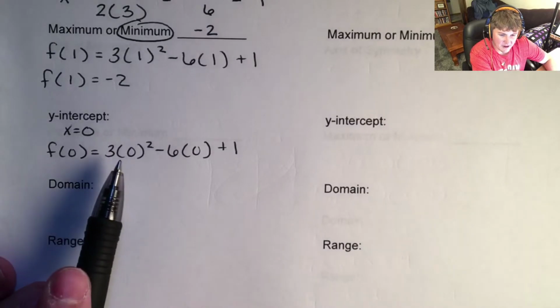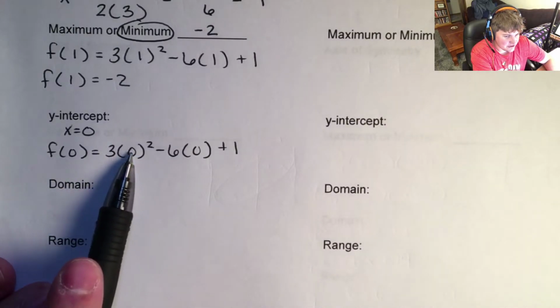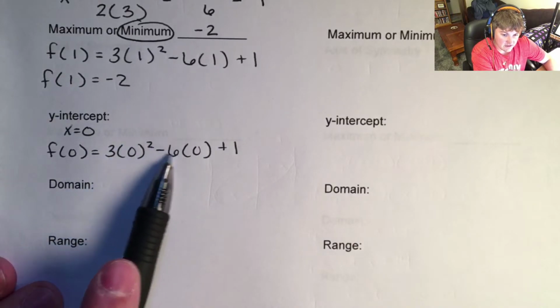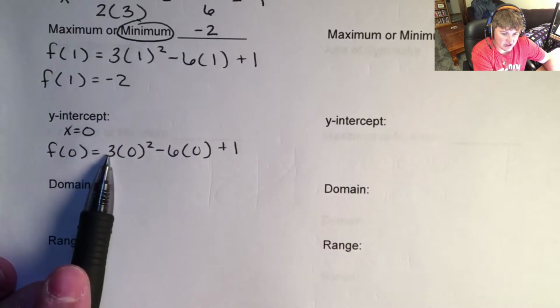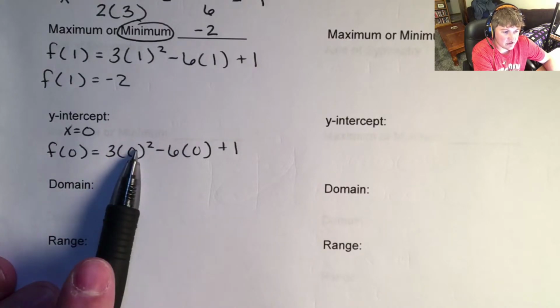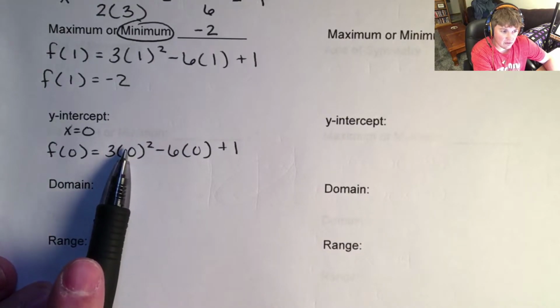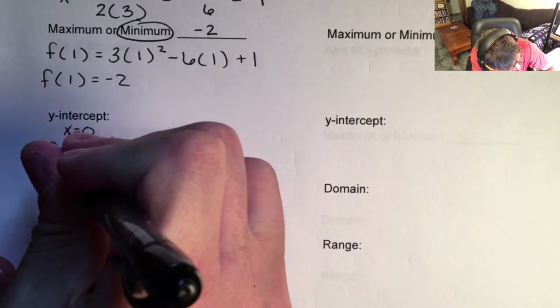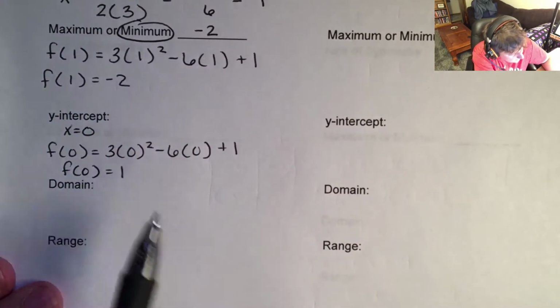Well, if we think about it, it doesn't matter. 0 squared is 0 times 0 is 0, so this is just 0. Negative 6 times 0, that's just 0. So these are completely gone. What's left over? Just the 1, right? So here, f of 0 is equal to 1.